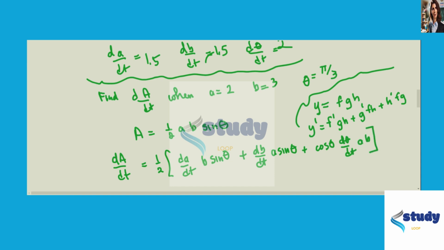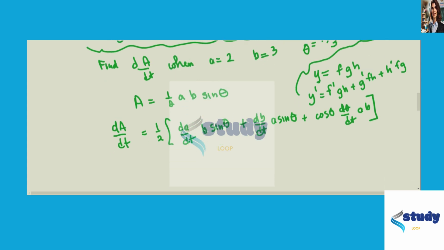Okay, and this rule will work if you have 4 things or 5 things or 6 things. You take the derivative of one times the other ones, plus the derivative of the next one times the other one. So you never have to use the product rule more than once.